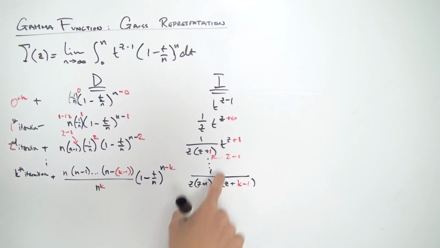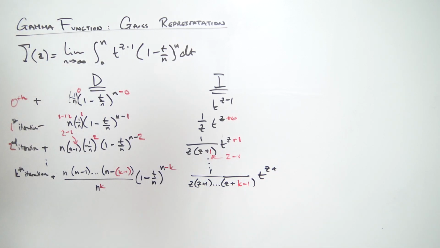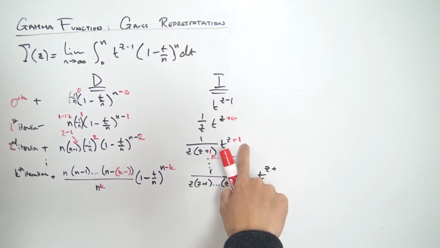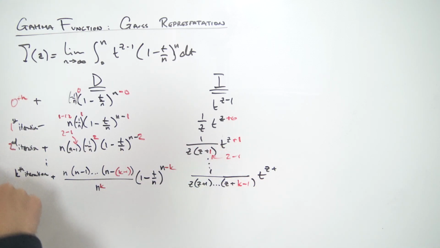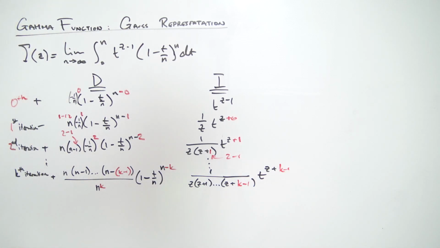So those are the constants, and as for this power term over here, we have t to the z plus, and well, this 1 is exactly 1 less than the iteration value, so over here should be k minus 1. So we found the general pattern when we integrate that function.